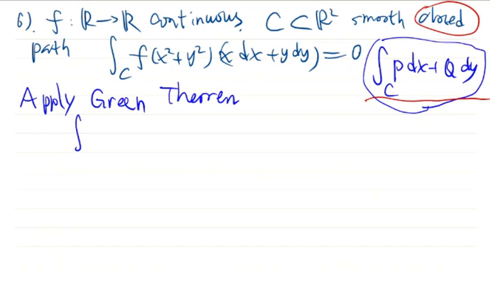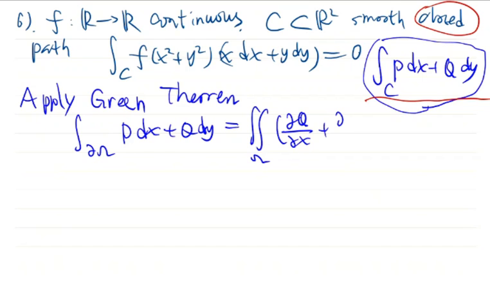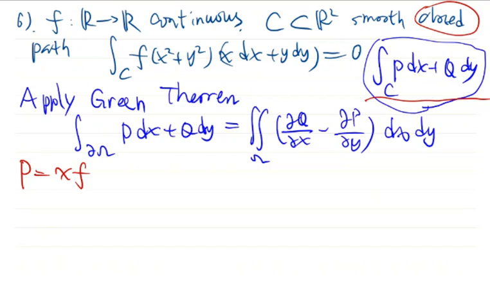That is, the integral over the boundary of omega of p dx plus q dy equals... okay, this is a natural idea, right? So we apply this Green formula for p to be x f of x squared plus y squared, and for q to be y f of x squared plus y squared.